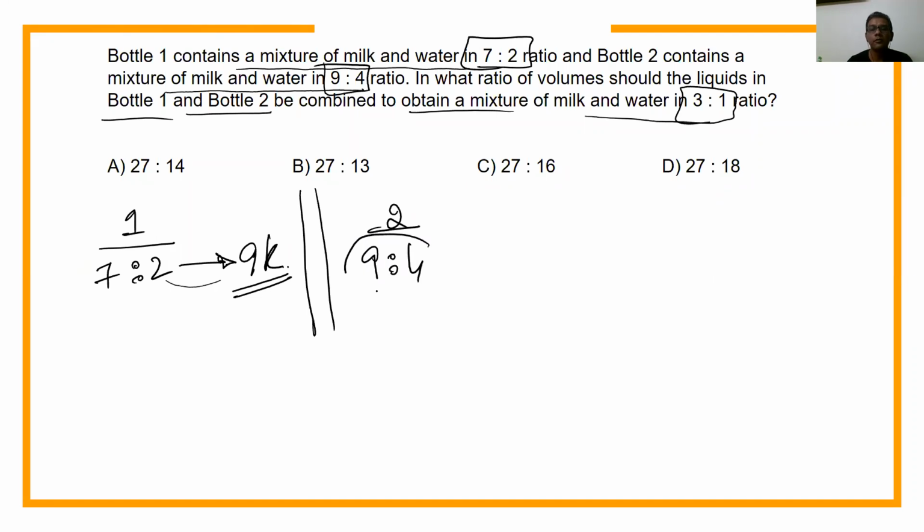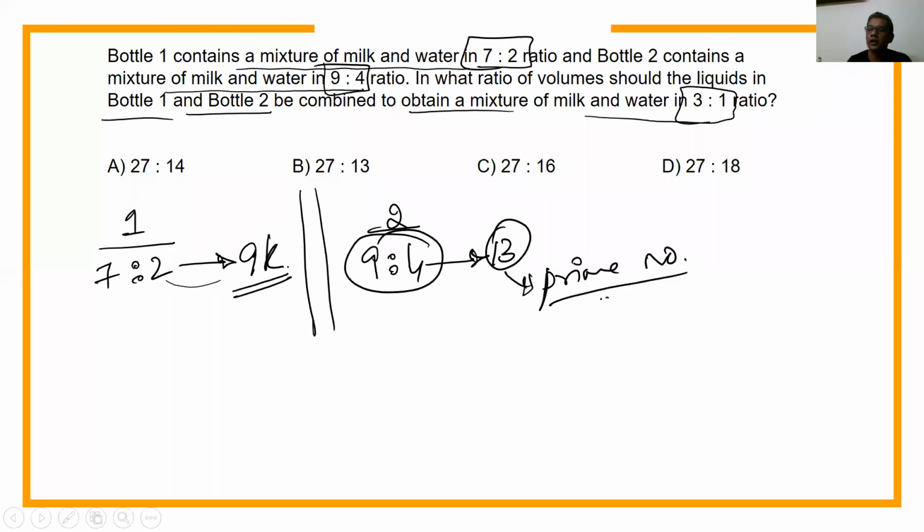So 9 and 4 means a total of 13 parts. Do you realize that 13 is a prime number? So my prime number cannot be further broken, right? If a prime number cannot be broken, then when I mix the two bottles, the 13 will still remain as one of the multiples. So what is my answer? B.